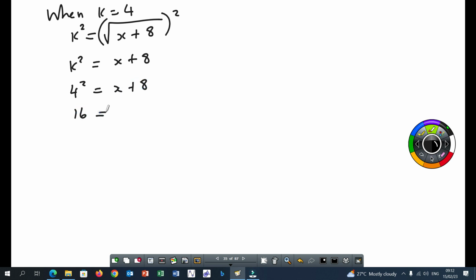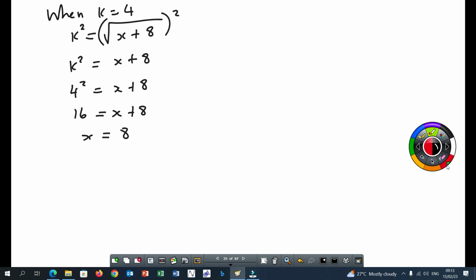So you get 16 equal to x plus 8. Okay, I realize that some of you wanted me to put the 4 straight away. It's fine, whichever way you might have done it. Either you put the k in square first, then you substitute 4. It's the same thing. Right? So eventually we get x equal to 8.